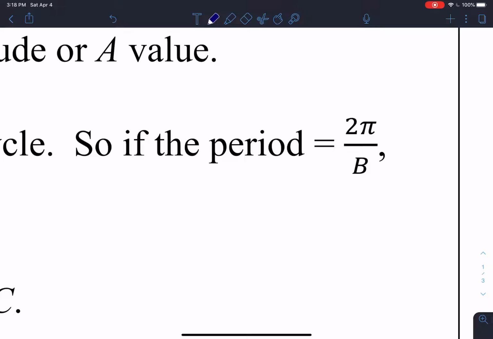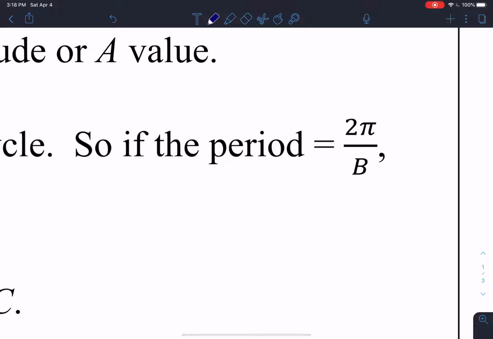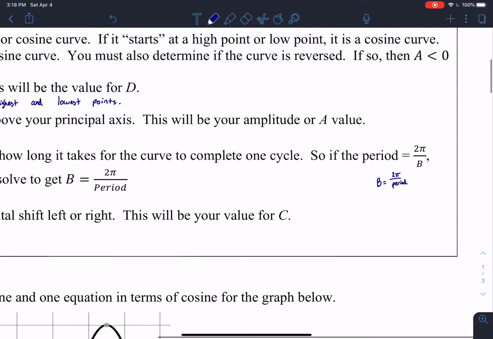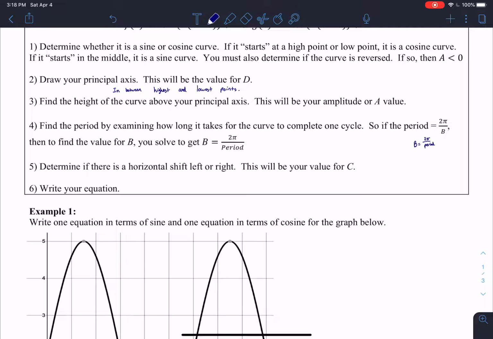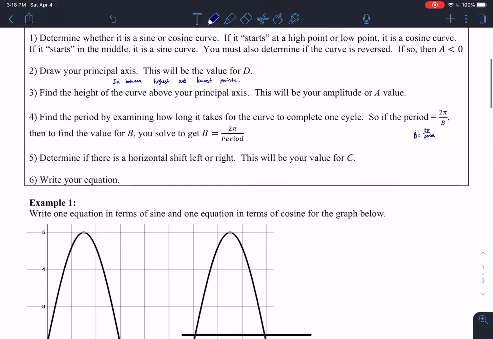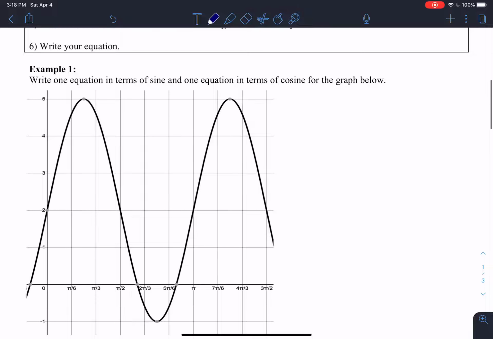So if I cross multiply, the b term is going to be equal to 2 pi divided by the period. You're going to figure out how long the period is by looking at the graph, and then if you divide that into 2 pi, that will tell you what the value for b is. And then if you have a horizontal shift left or right, that'll tell you the value for c, and once you have all of that, you can write your equation.